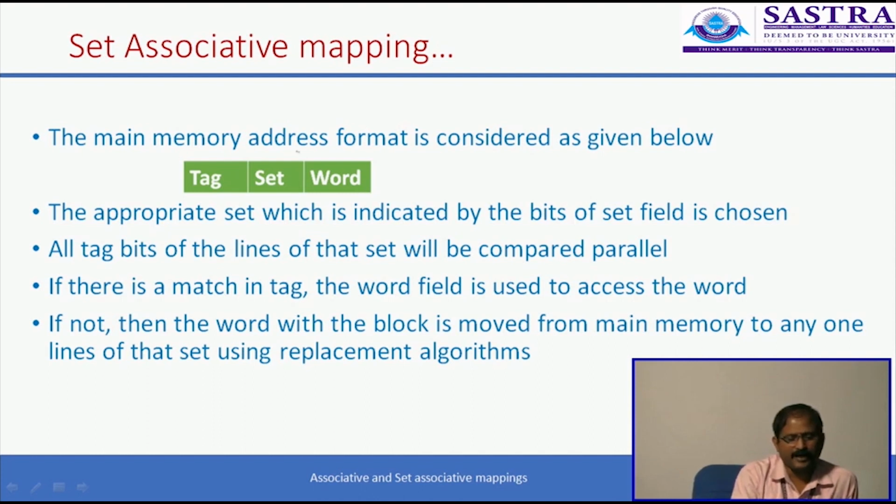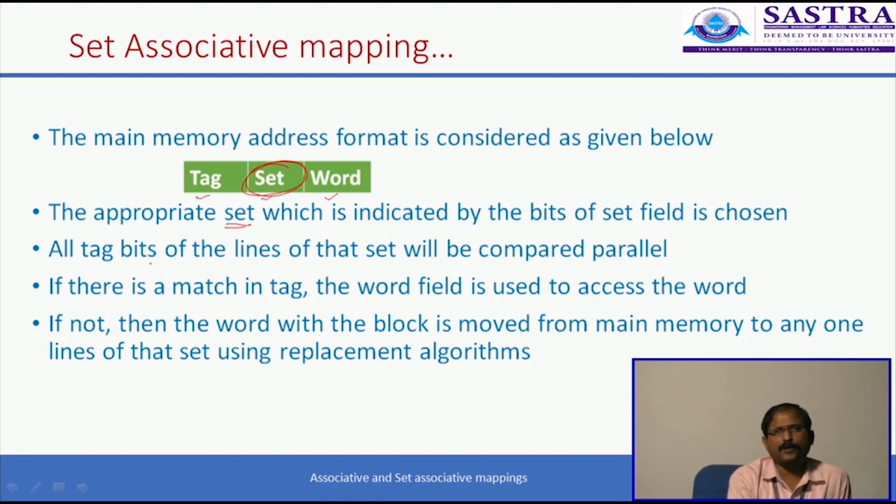The main memory address format is considered as given below in a set associative mapping. The main memory address is divided into 3 fields. First field is tag field, second is set field, and third is word field. While checking an address, the appropriate set which is indicated by the bits of set field is chosen.